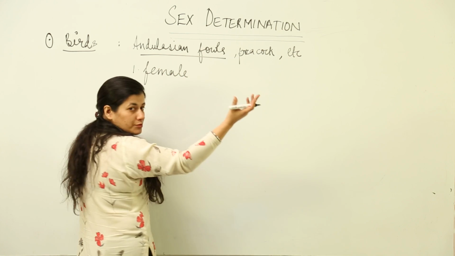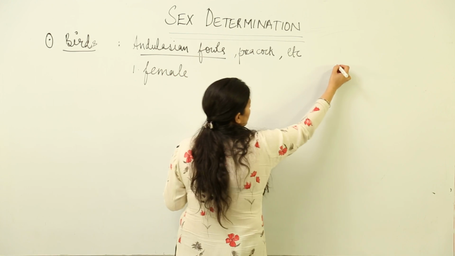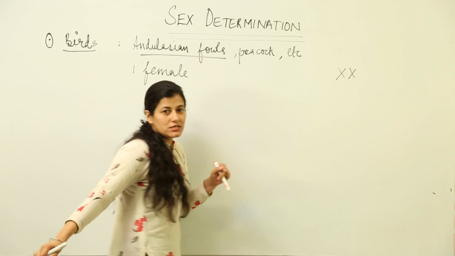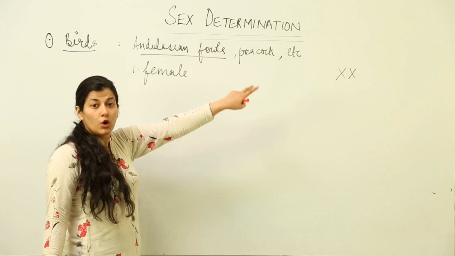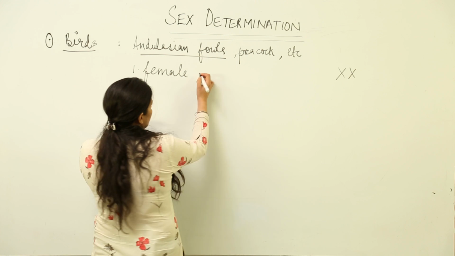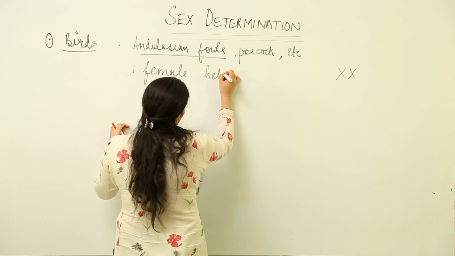How is it contrary to human beings? In human beings, the female is XX, right? The female happens to be homogametic. Over here, the female will be heterogametic.